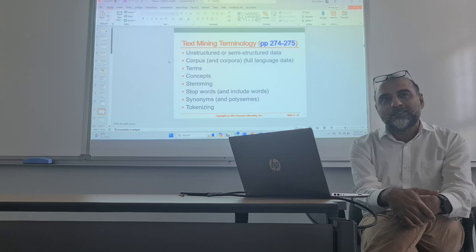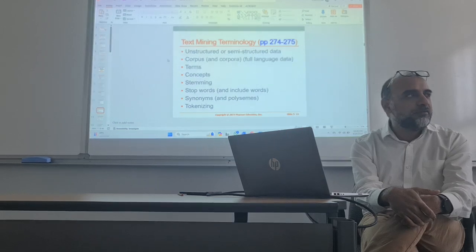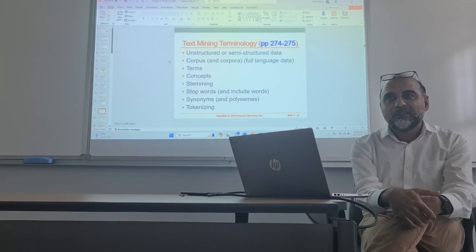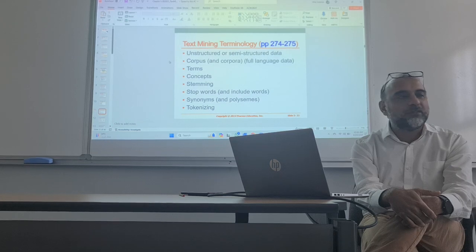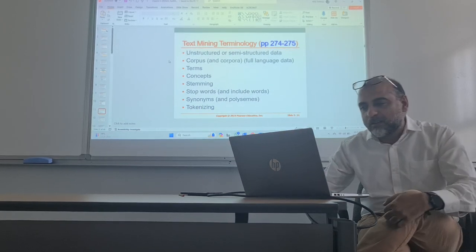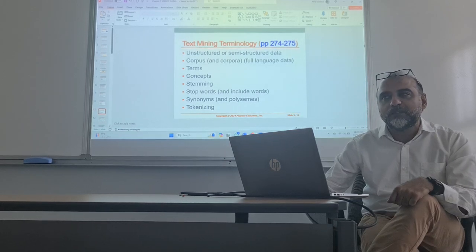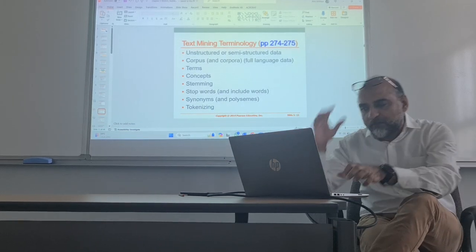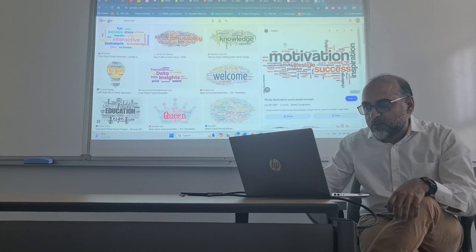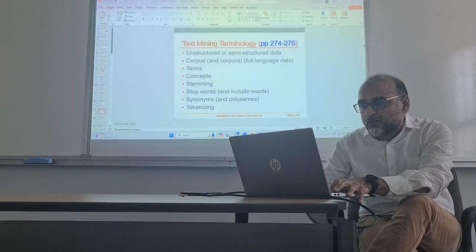Tokenization or stemming or are you doing corpus? You understand that? So you will not be able to explain or do even an MCQ if you don't know these terms. Okay, so let's just jump in. I've said that a lot of terms are explained on page 74-75, which is the next page. So I'm going to make use of those pages again.